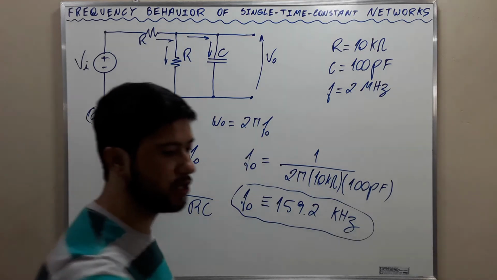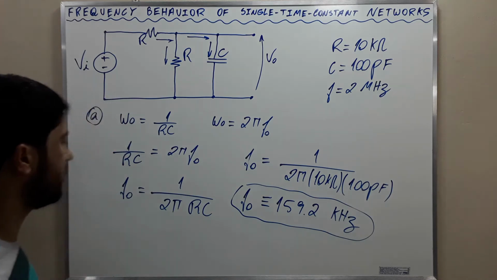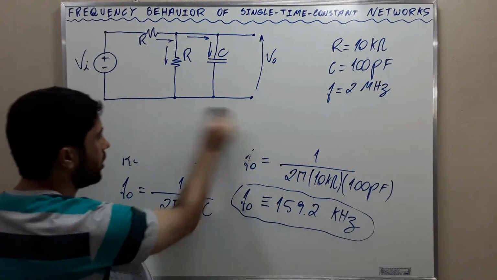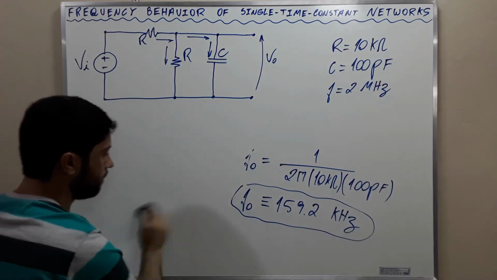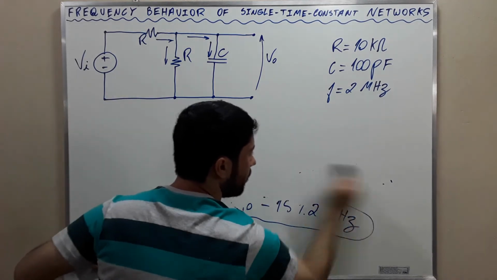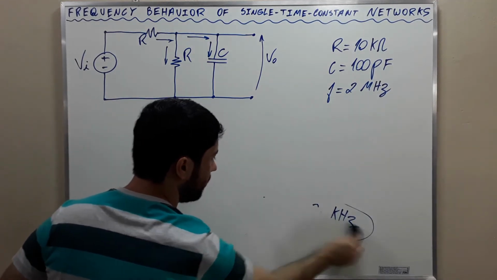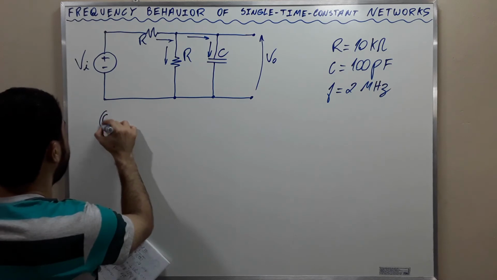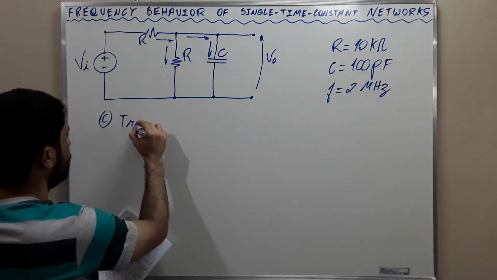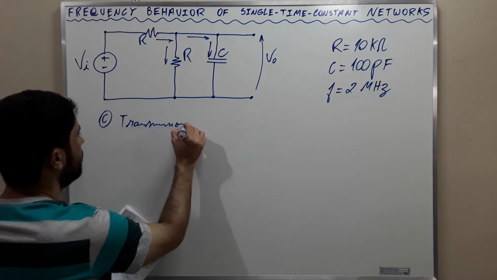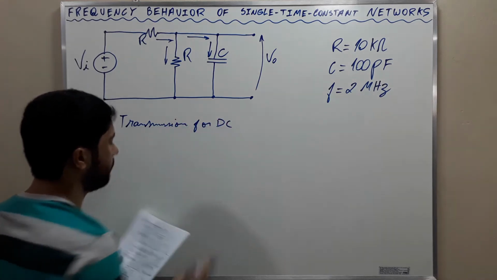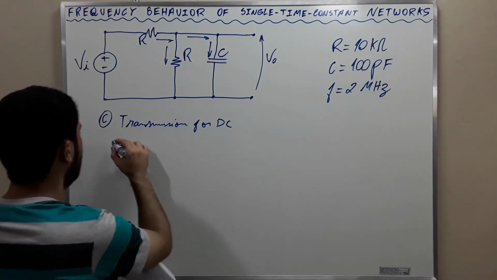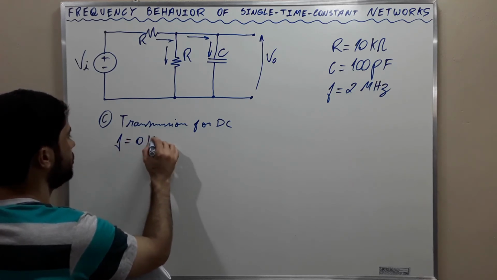Now let's go to transmission at DC. This is letter C. Now we are going to calculate what letter C wants us to calculate. It is the transmission for DC. For DC, we know that the frequency is equal to 0 hertz.